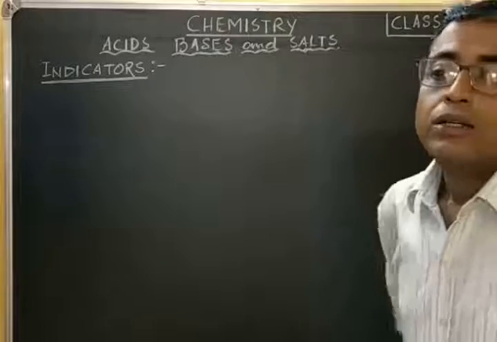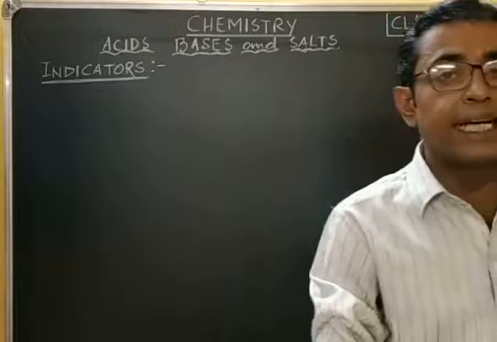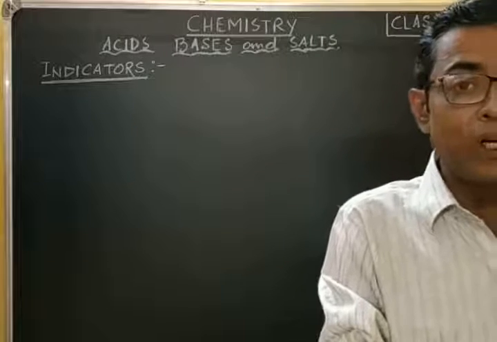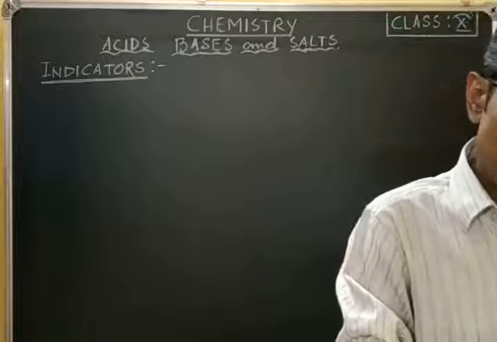Normally, in earlier classes we have learned about a few indicators: phenolphthalein, methyl orange, and litmus paper. You all know litmus paper: in neutral solution it gives purple color, in acidic it gives orange or red color, and in alkaline solution it gives blue color.